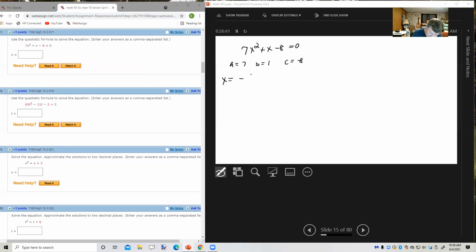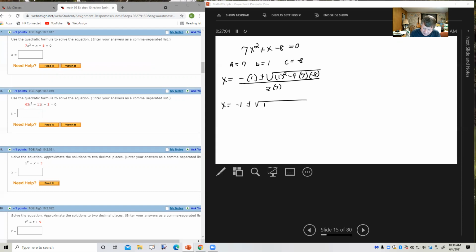X equals negative b plus or minus the square root of b squared minus 4ac all over 2a. So x equals negative 1 plus or minus the square root of 1. Let's see.